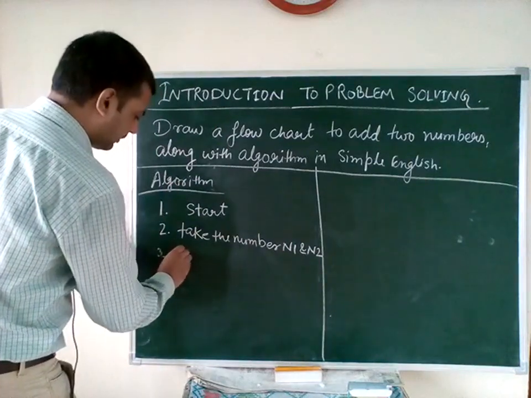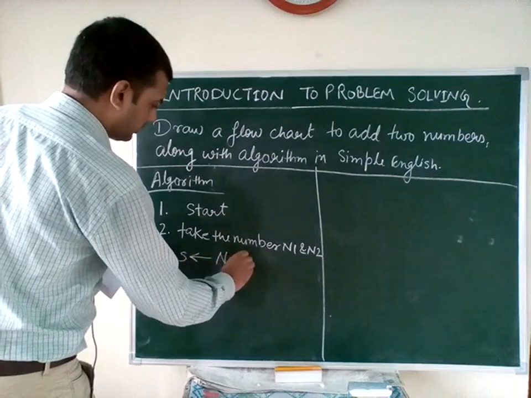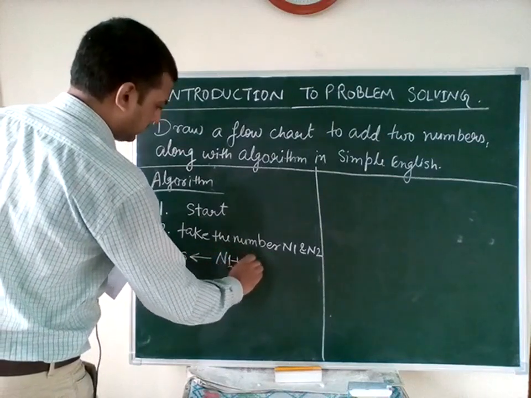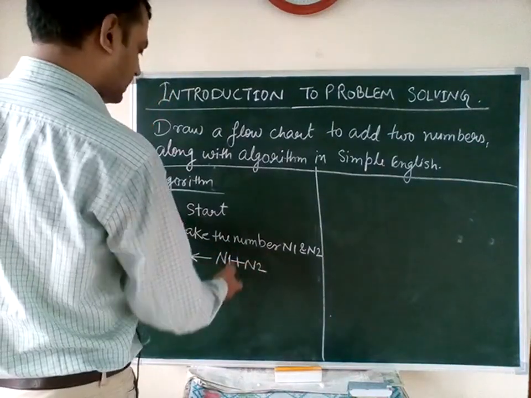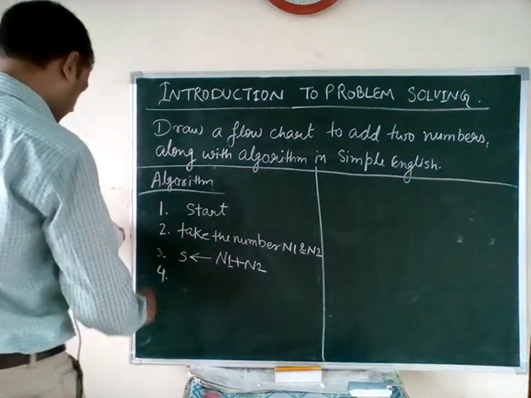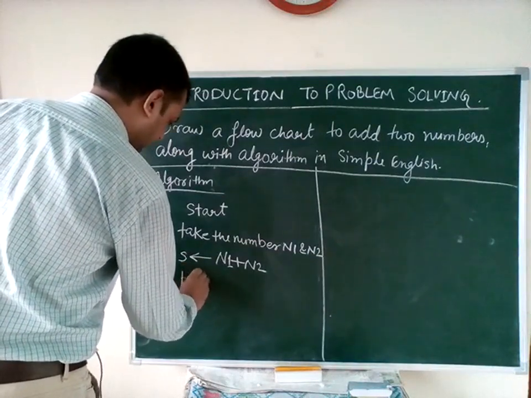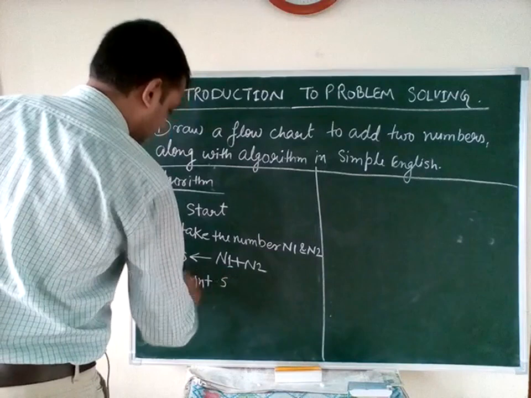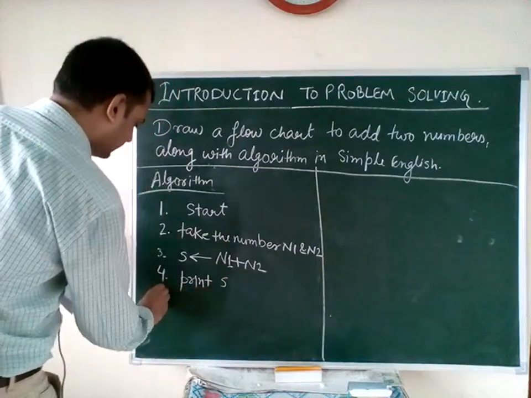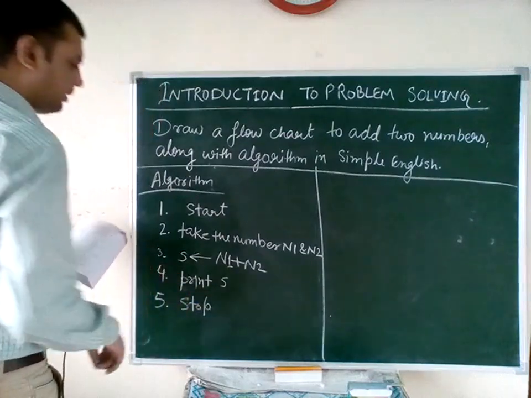What should be my third step? I will take one variable sum, and in this I will assign n1 plus n2, means I will add both the numbers and I will save it in one variable. What is the fourth process? I will print the value of s, and then after my work is over, I will stop the process.